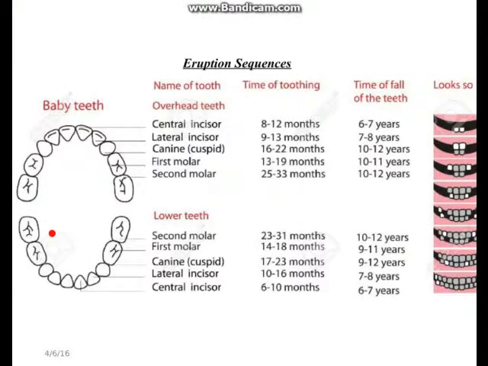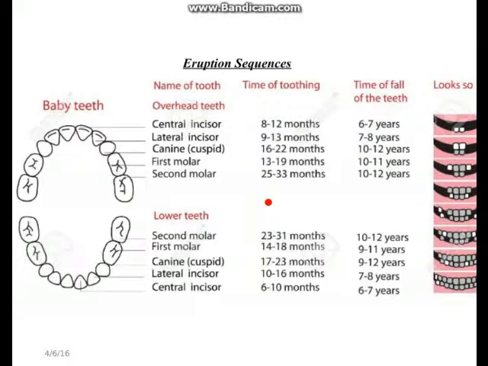Okay, so for the first two slides, I put up the eruption sequences. It's very important for you guys to know, because when you get a question in the future, whether it's from a patient's parent or on your dental boards, they're going to give you realistic scenarios. Let's say a patient's mom calls and tells you that her baby's first tooth erupted, and the baby's in some discomfort.